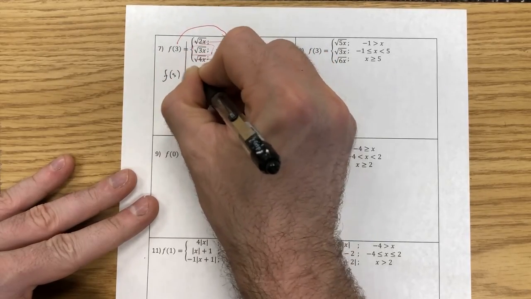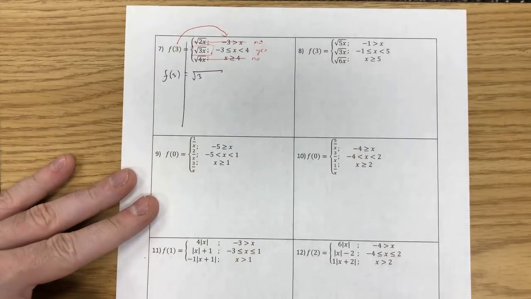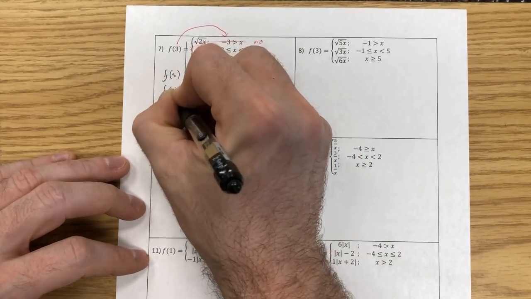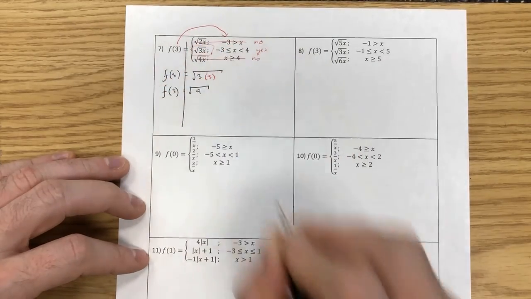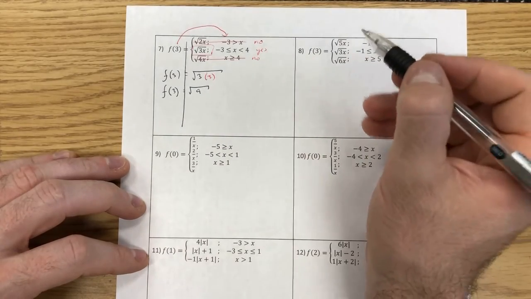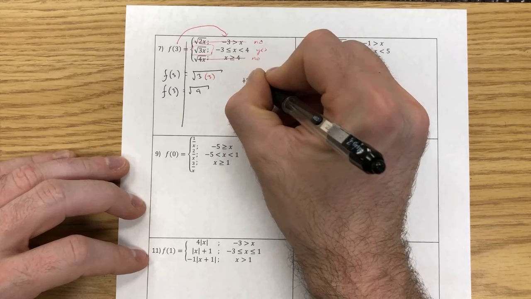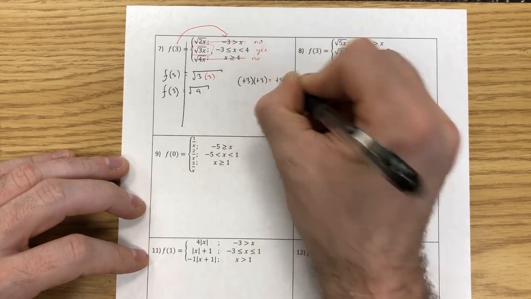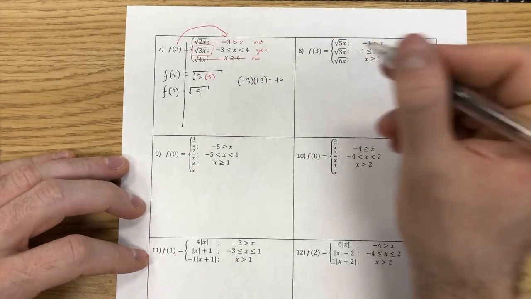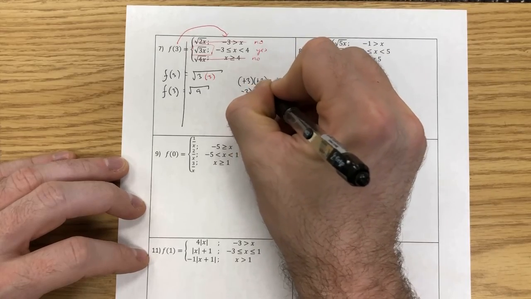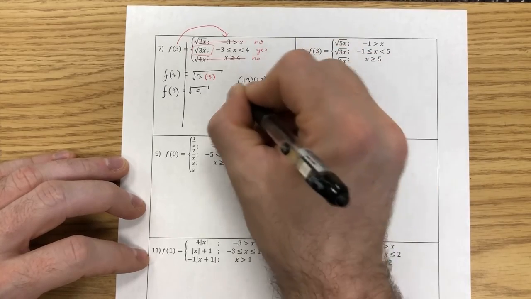And so what I end up with is the square root of 3 times 3. The square root of 3 times 3 is going to be the square root of 9. And so when I say what is the square root of 9, well, what two numbers multiply to give me 9? And most of us say 3. And that does equal a positive 9, but there's another set of numbers, a negative 3, which will also equal a positive 9.